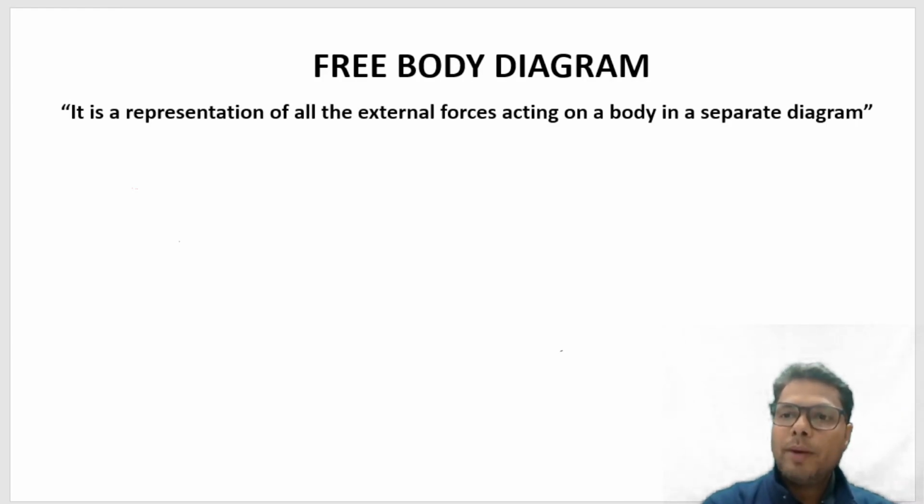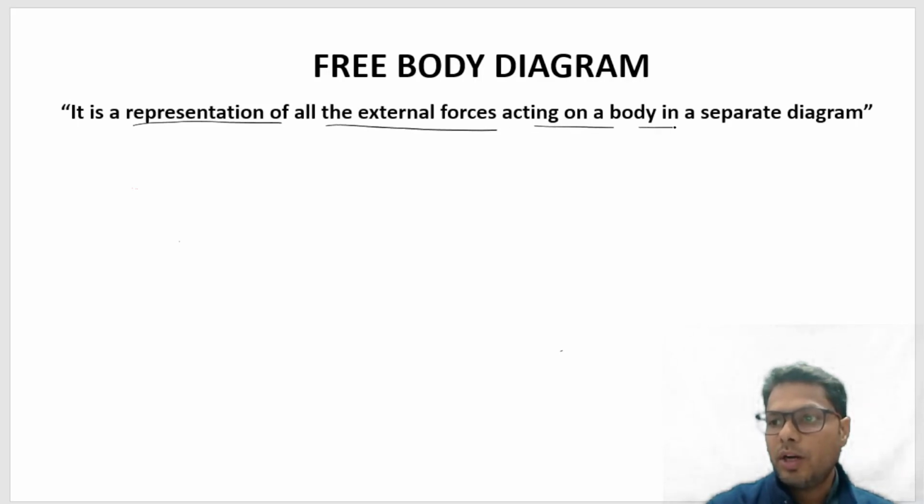If you go by the definition, it is simply the representation of all the external forces acting on a body in a separate diagram. It's a diagram in which we show all the external forces acting on a body.